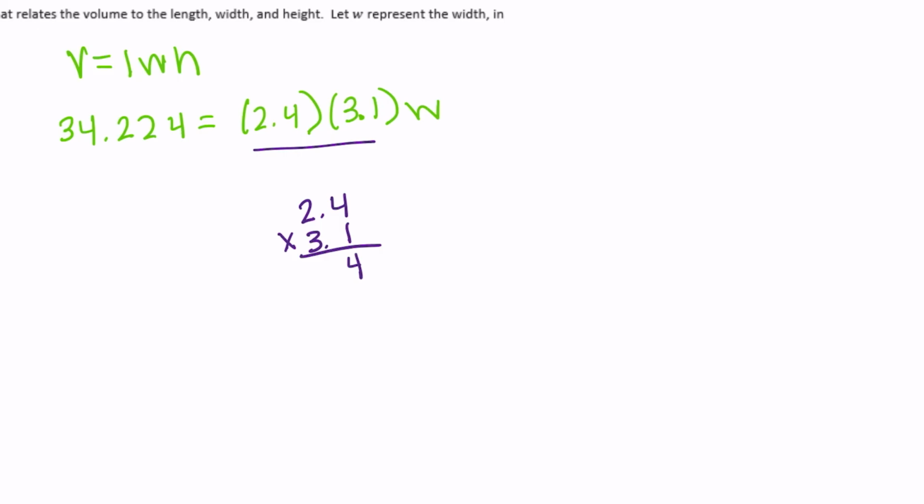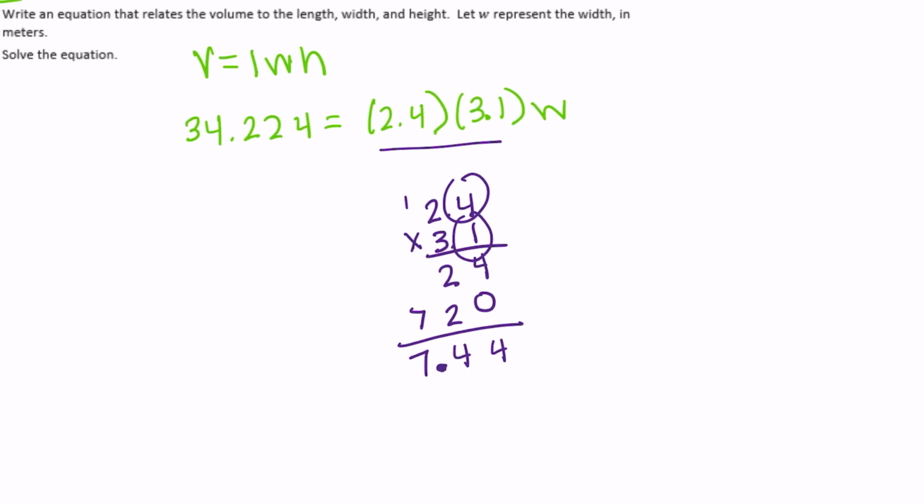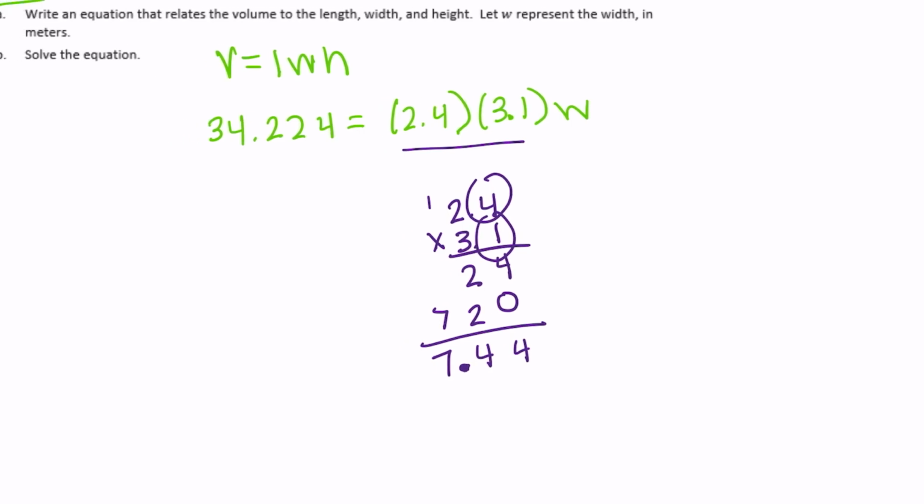I'm going to ignore the decimal points for now. Now there were 2 digits behind the decimal, so I'm going to move it over. So our new equation looks like 34 and 224 thousandths is equal to 7 44 hundredths times whatever the width is.